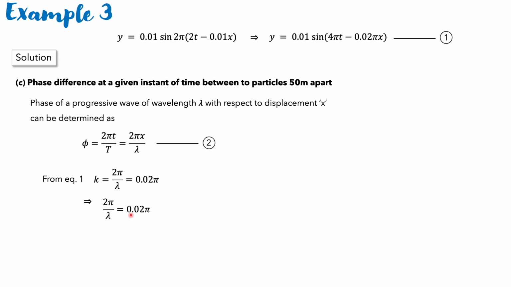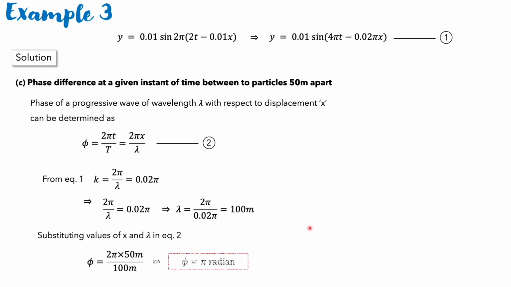We rearrange the terms to find lambda. So lambda is equal to 2 pi over k, and the value of k is 0.02 pi. We perform calculations and we get the value of 100 meters.